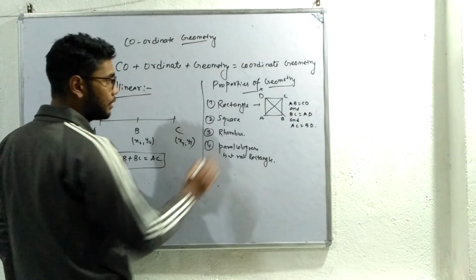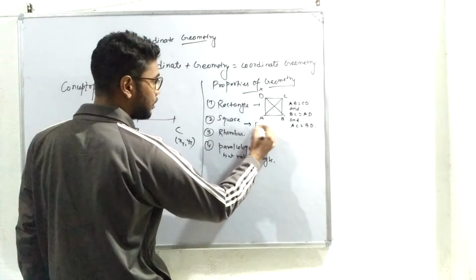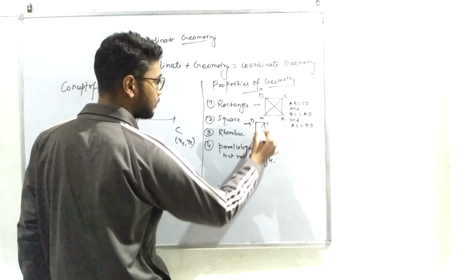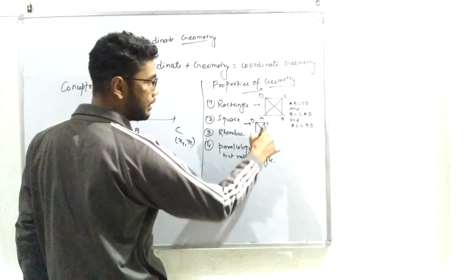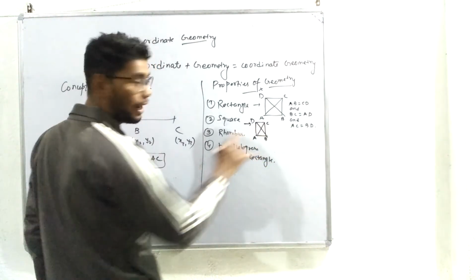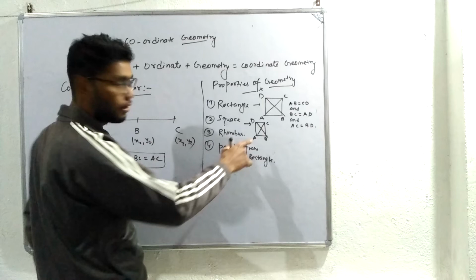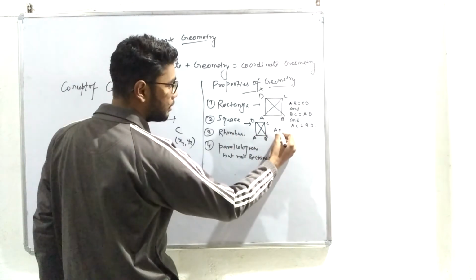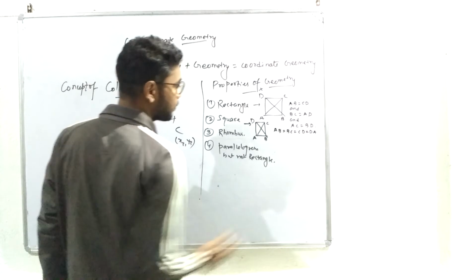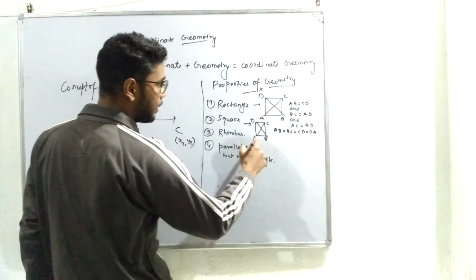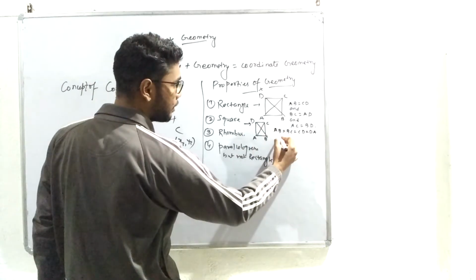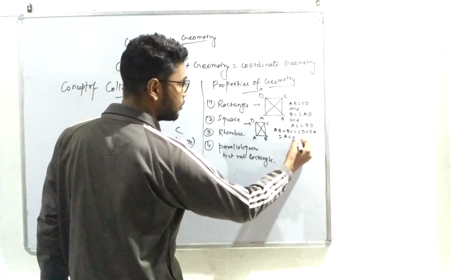Next, in a square, AC and BD are diagonals, and all the sides are equal: AB equals BC equals CD equals DA, and AC is equal to BD.